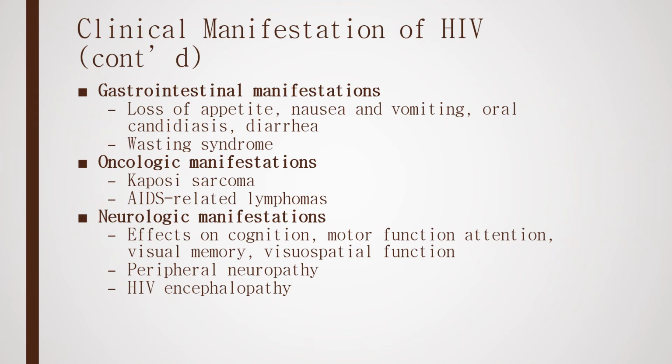So Kaposi sarcoma, or KS, is caused by human herpes virus 8, or HHV8, that affects 8 times more men than women with HIV and may spread through sexual contact.